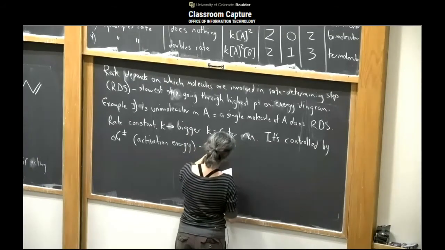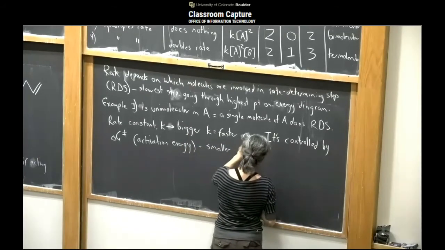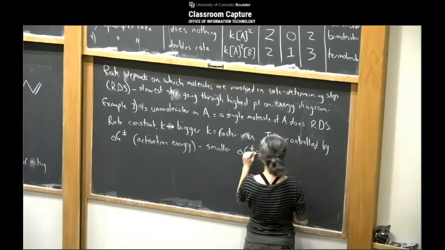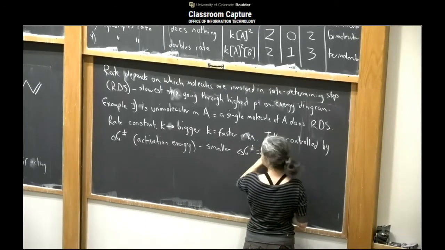So smaller activation energy means bigger rate constant.